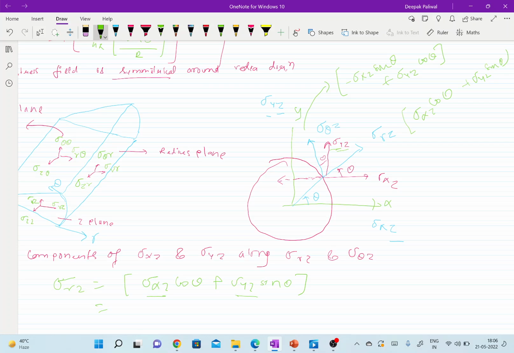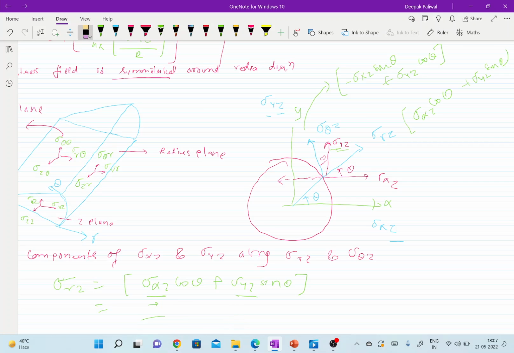So what was the value of sigma xz here? If I remember correctly, this is b by 2 pi times y over x square plus y square, or you can write it in terms of polar coordinates as well.